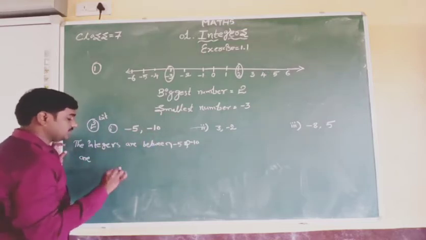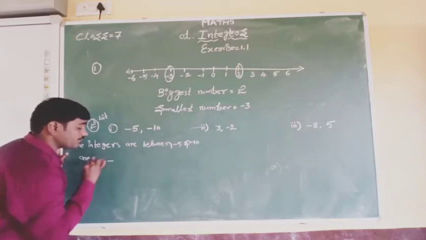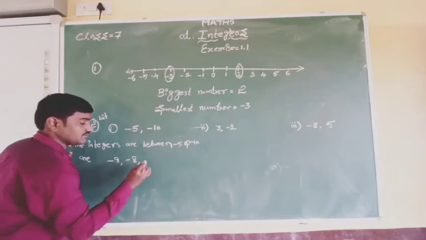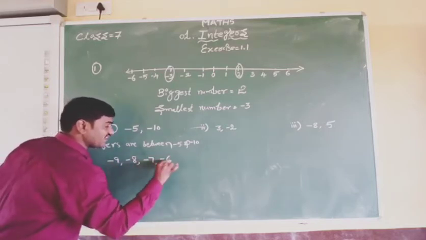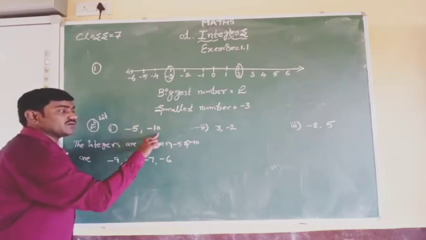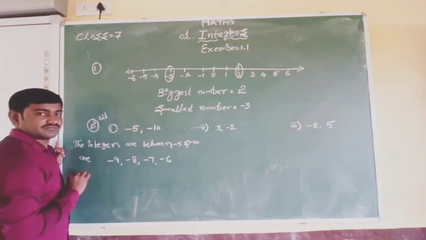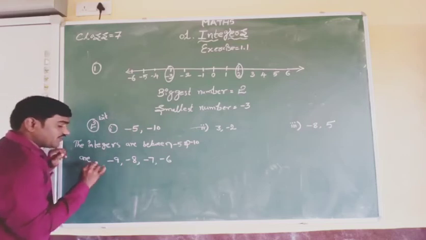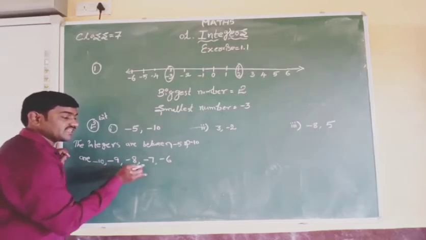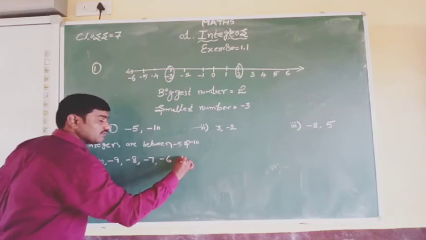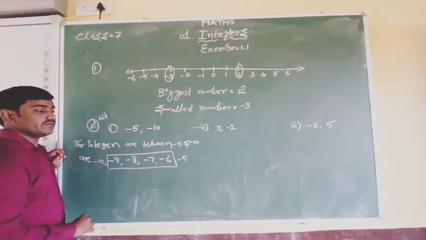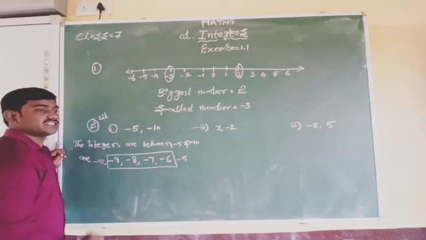See, you can go: minus 9, minus 8, minus 7, minus 6. These are the integers between minus 5 and minus 10. See here, if you write it once: minus 10, then minus 9, minus 8, minus 7, minus 6, and here it comes minus 5. So these are the integers between minus 5 and minus 10.